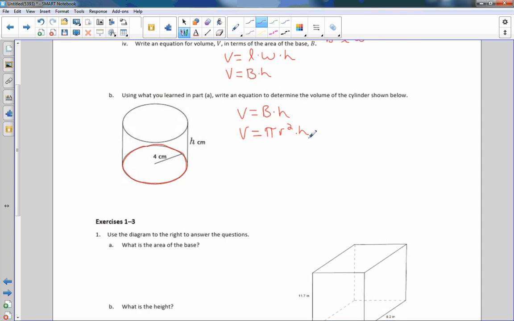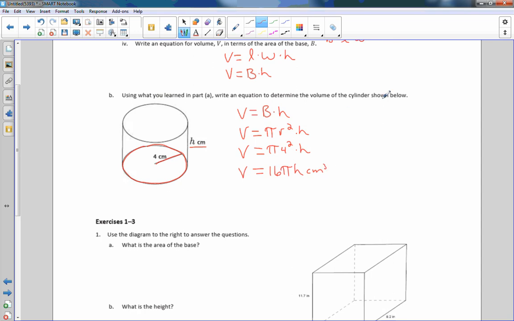And then, now that I have the formula, I substitute in my givens. Radius, 4 centimeters. So it's pi times 4 squared times h centimeters, so it's just times h. So the volume of this cylinder is 16 pi times h centimeters cubed.